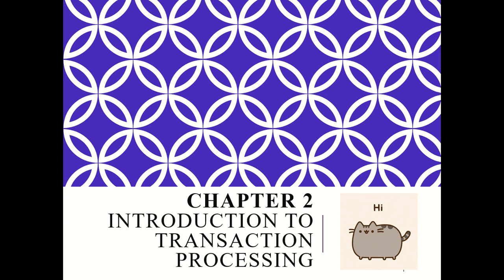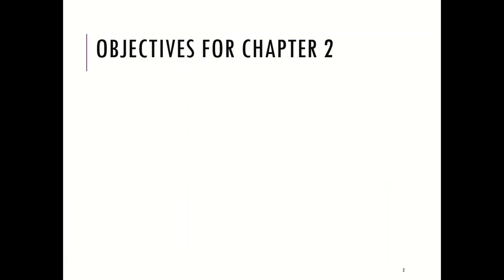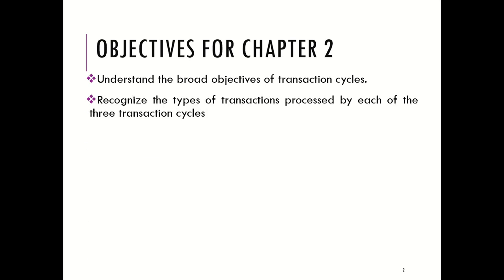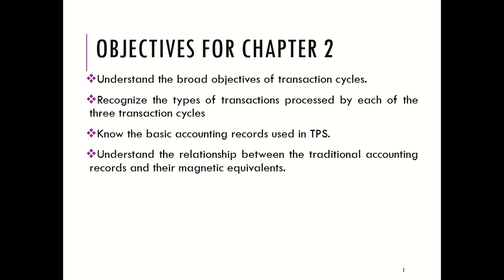So we are about to discuss the introduction of transaction processing. For today's discussion, we have the following objectives. We have to understand the broad objectives of transaction cycles. Then, to recognize the types of transactions processed by each of the three transaction cycles. Note the basic accounting records used in transaction processing systems.